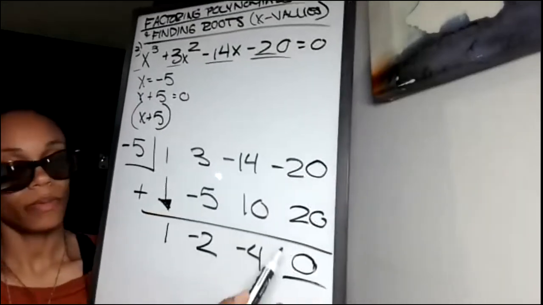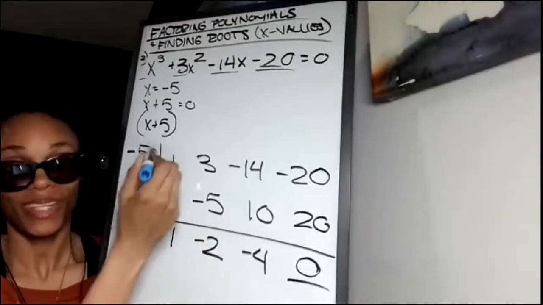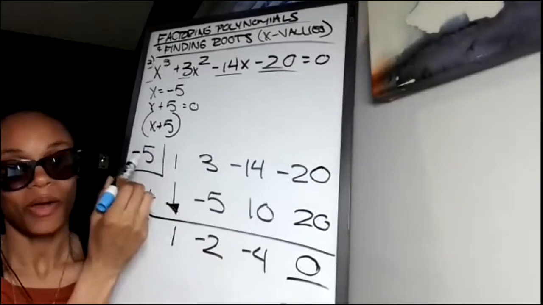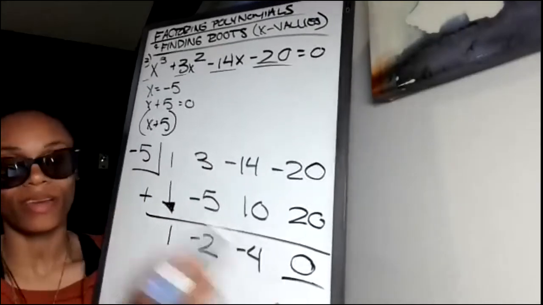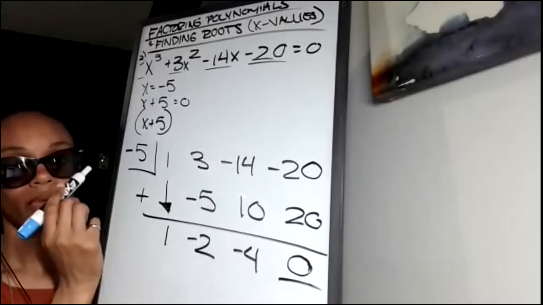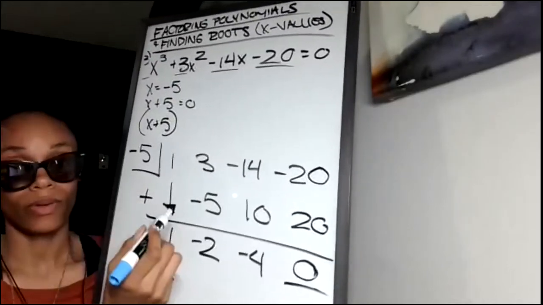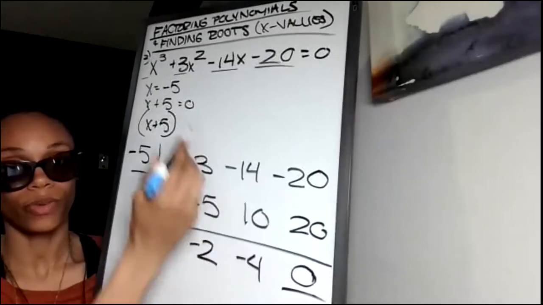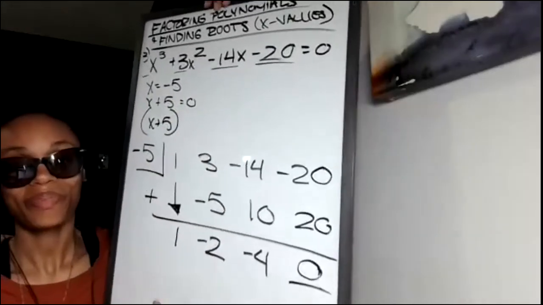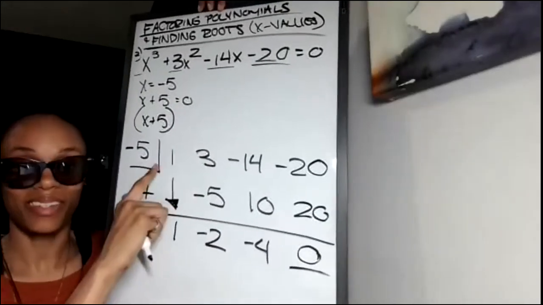So once I got to the point where, okay, testing all those rational roots, I got to -5 and I have a 0 remainder, boom, I know that x equals -5 is a real rational root for this polynomial. So that's the test we would have done to get to that point.